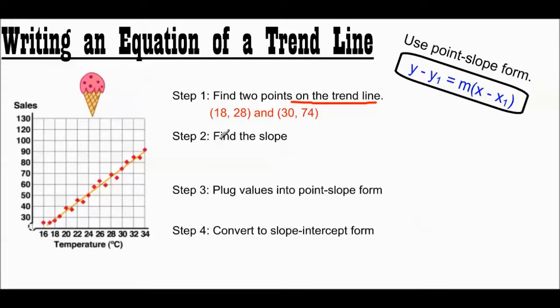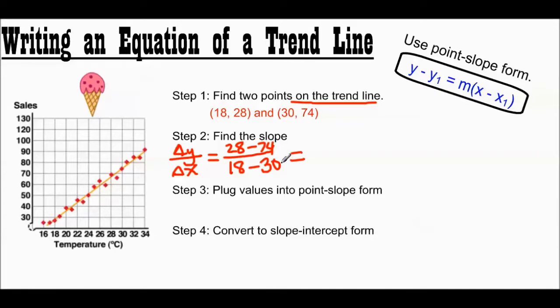So let's find the slope of those. Change in y over change in x. Change in y over change in x. So the y values of 28 minus 74, and then you have 18 minus 30.